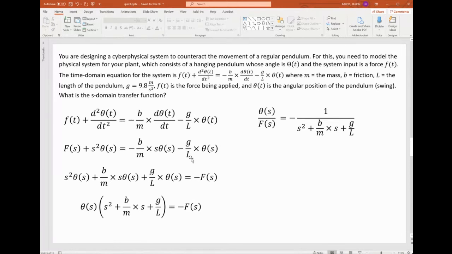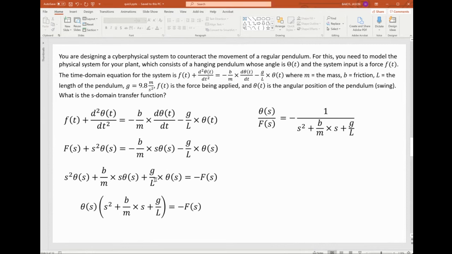To do that, you have to move the theta s to one side and all of the f of s's to the other side, and then you divide out the f of s. So the first step here was this: s squared theta s plus b over m times s theta s plus g over l times theta s.